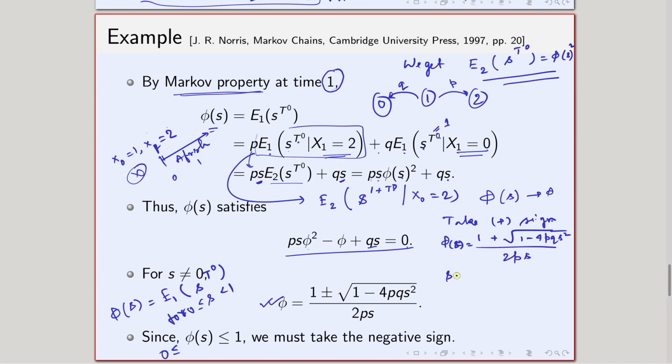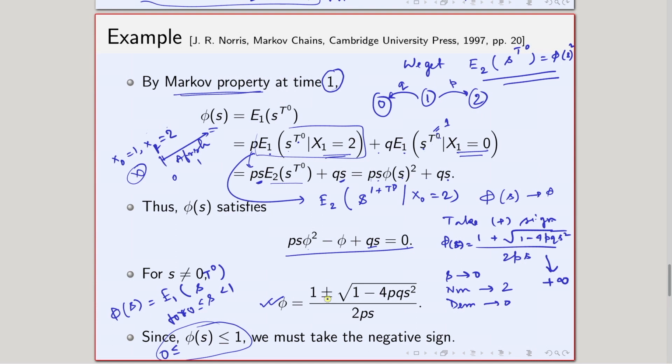Now if s goes towards 0, what happens? We see that the numerator actually converges to 2, because this quantity goes to 0, this is 1 plus 1, so it converges to 2, but the denominator converges to 0. So this whole quantity converges to plus infinity, and that cannot happen because phi has to lie between 0 and 1.